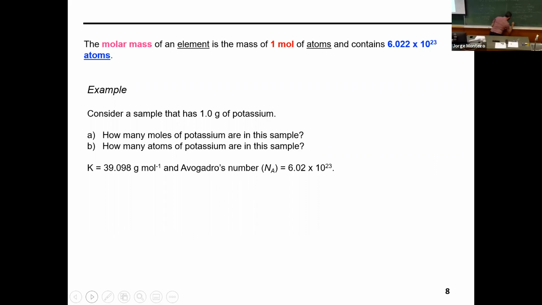So therefore, the number of atoms in 1 gram is going to be, according to my numbers, 0.15 times 10 to the 23rd atoms, or if you want to move the decimal place 1 spot to the right, 1.5 times 10 to the 22.